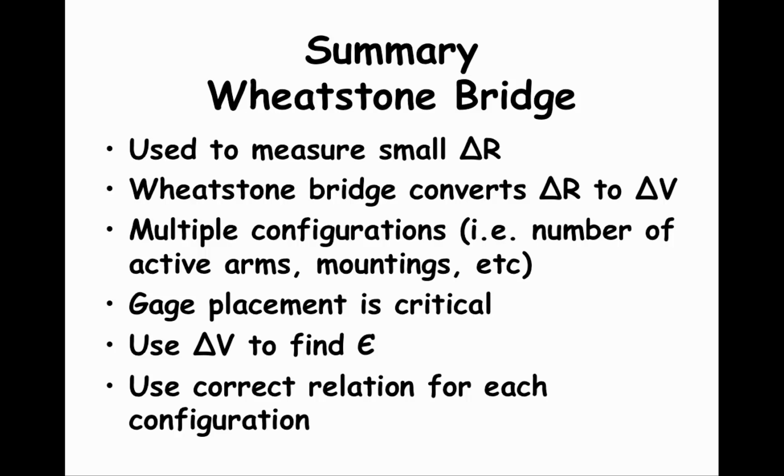Multiple configurations should be considered, such as number of active arms, mountings, etc., and choosing the correct relations based on the configurations is very necessary. The gauge mounting is critical in order to get useful readings out of the circuit.